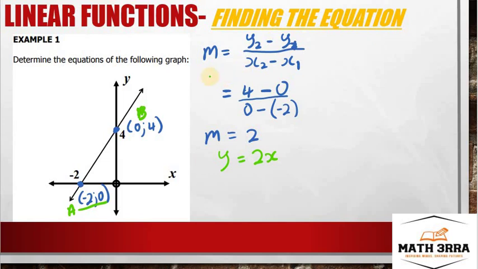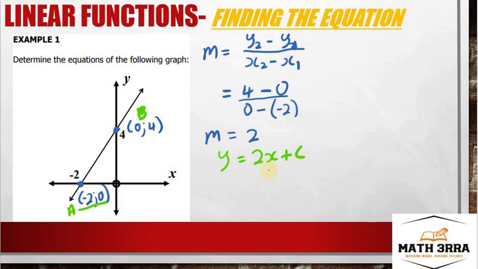Now remember that the c in the standard form of y equals mx plus c always represents where the graph cuts the y-axis. So for those of you that already know that, we already know that our c is going to be 4. But I'm going to go at it with an assumption that you've forgotten that c represents where the graph cuts the y-axis, and you are just now looking for your c.